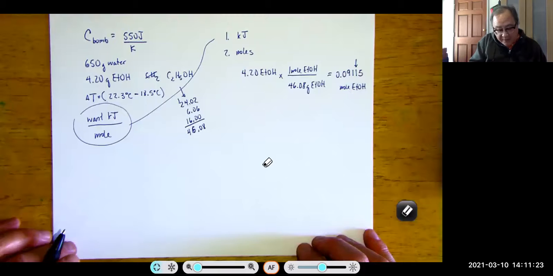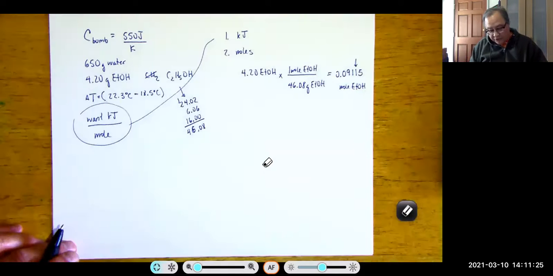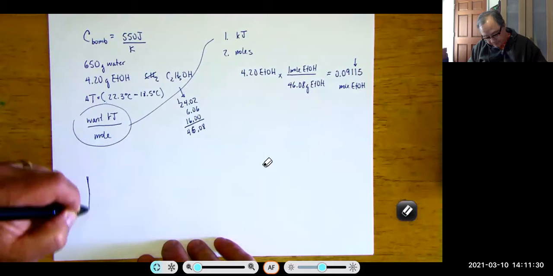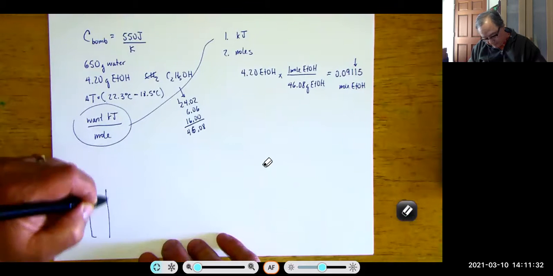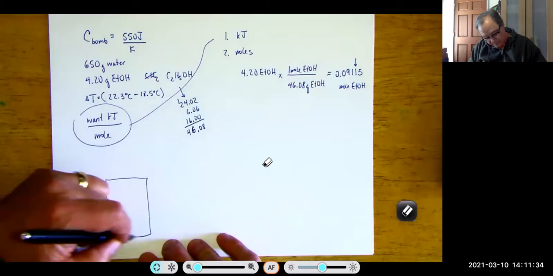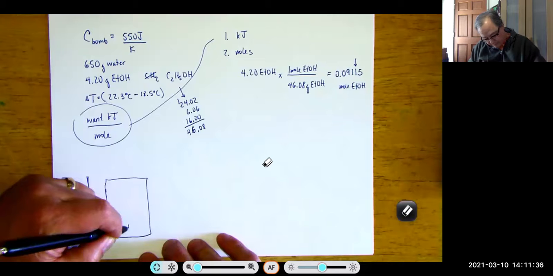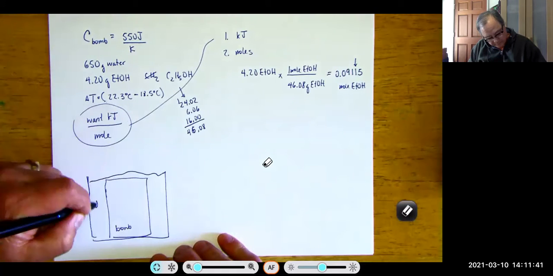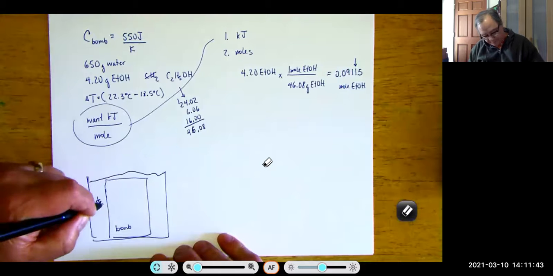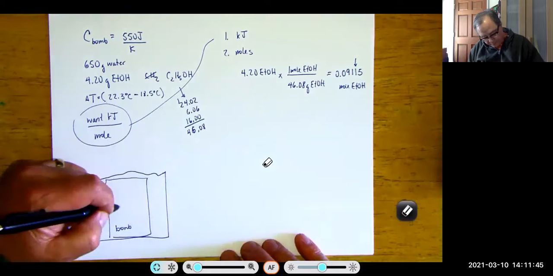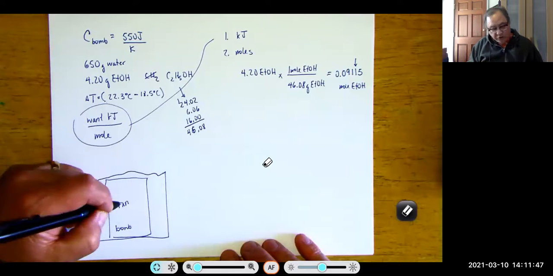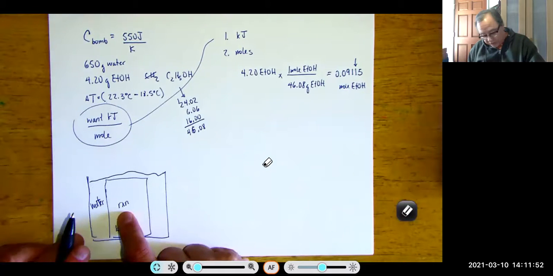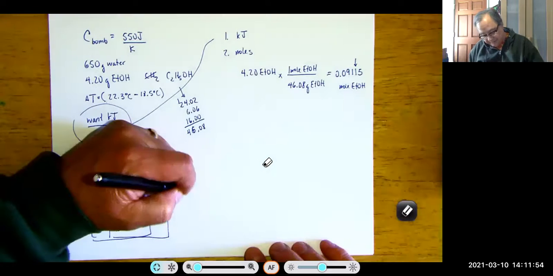Now, how do we get the kilojoules? So let me make a drawing for you so you can see what happens. What's going to happen is the reaction is going to produce heat. So you have Q of the reaction.